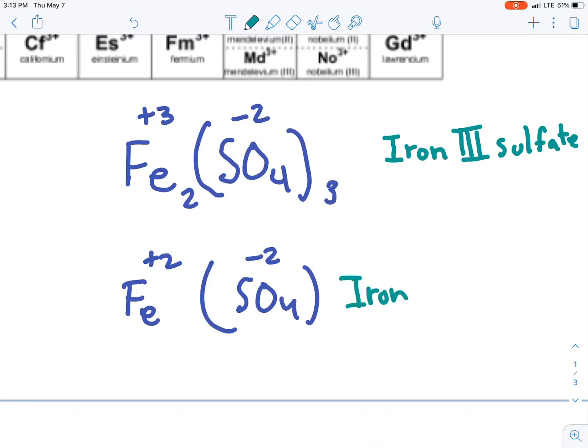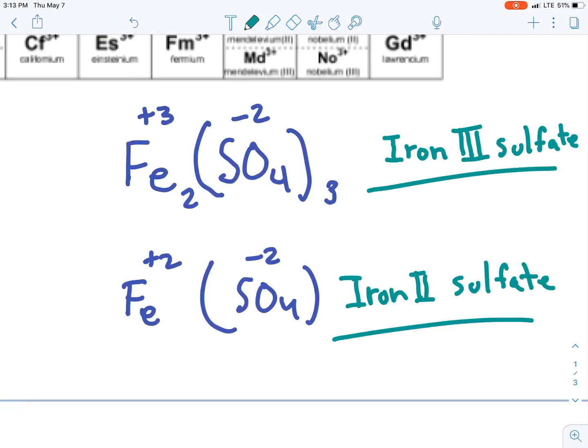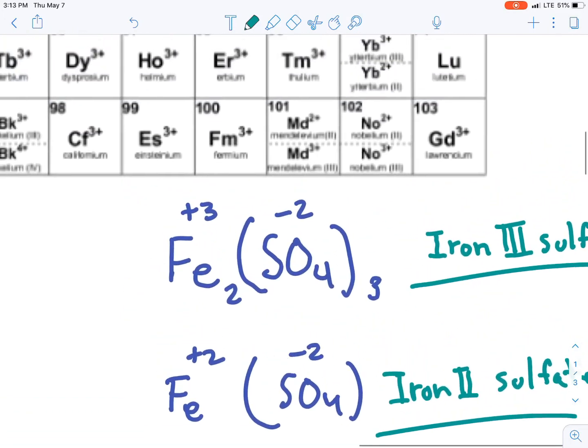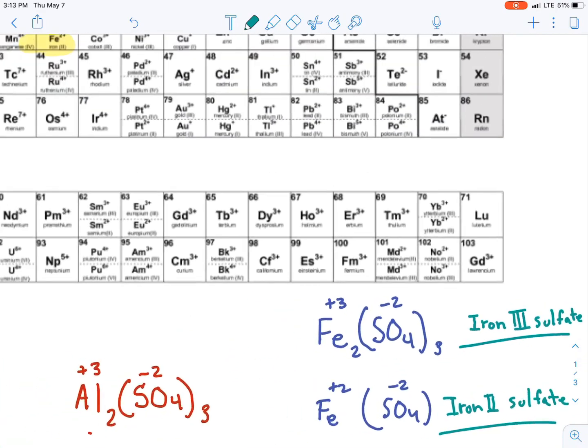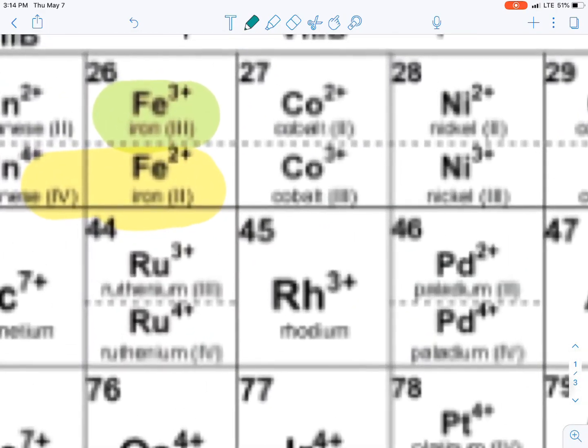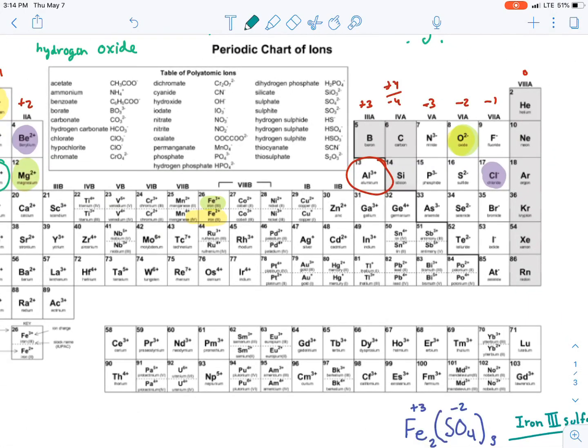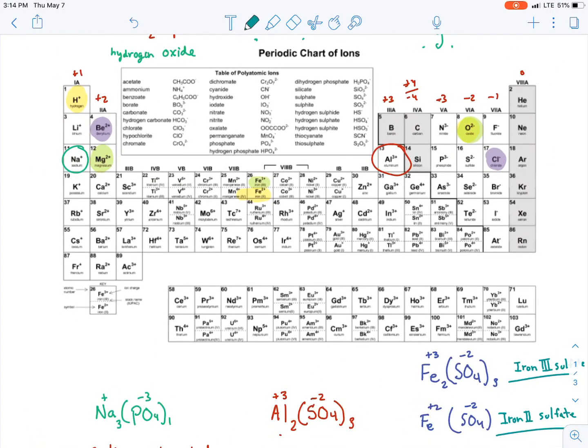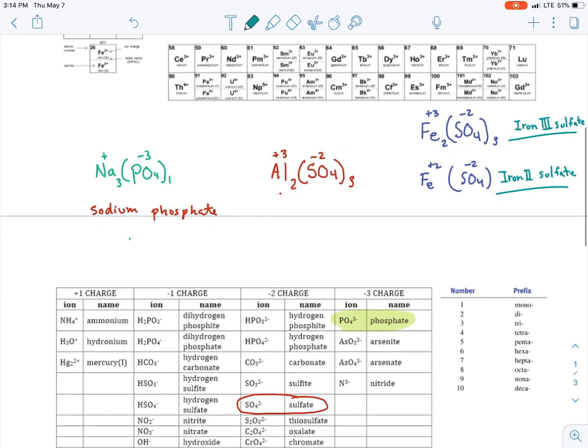Iron, it's the charge. Iron 2 sulfate. And that is the stock method for naming. Only when you have multiple charges, and they're on this chart. Look at that, it has it for you. Don't tell anybody. They're on there. So just follow the chart, write what it says, and you'll be fine.